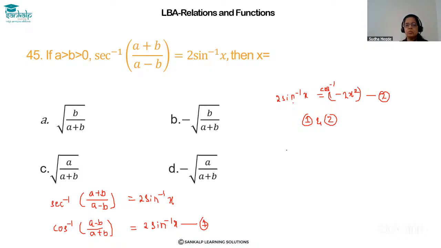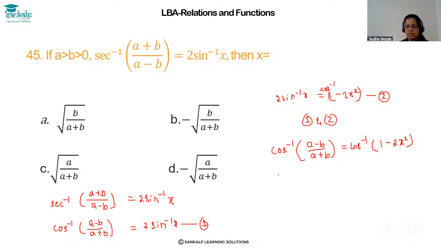From 1 and 2, what you can write? Cos inverse of A minus B divided by A plus B is equal to cos inverse of 1 minus 2x square.